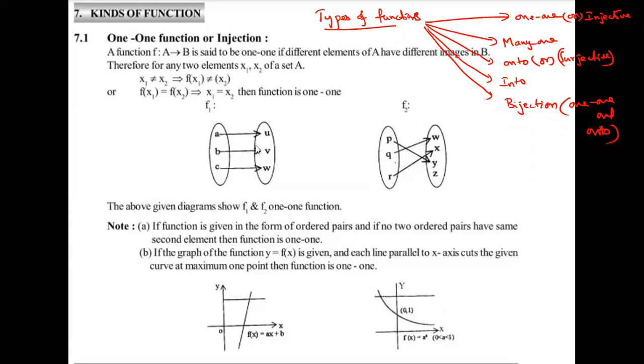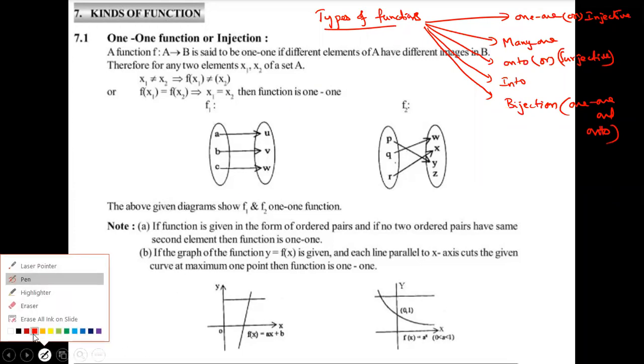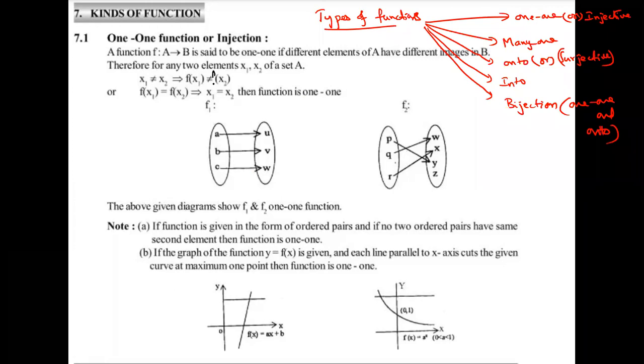See carefully: x1 is not equal to x2 implies f of x1 is not equal to f of x2. There is a printing mistake here, so I'm writing it carefully.